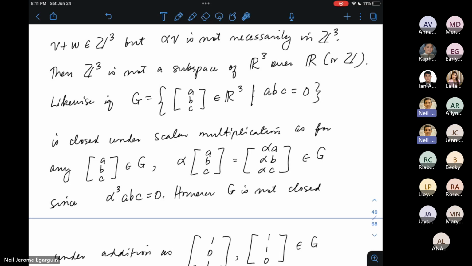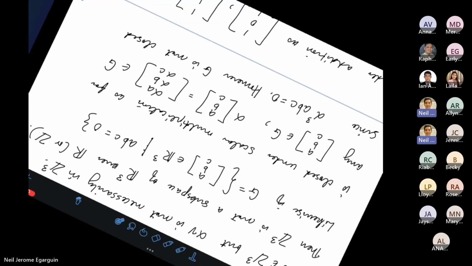Kapag kumuha ka ba ng dalawang elements nung subset, ang sagot ba ay nandun sa subset pa rin? So usually that's one question that we usually ask first before checking additive identity and multiplicative identity. Kasi usually lahat naman ng properties ay mai-inherit lamang nung vector space mula dun sa parent vector space. So makikita natin mamaya yung tinatawag natin na compact criterion for checking for subspaces.